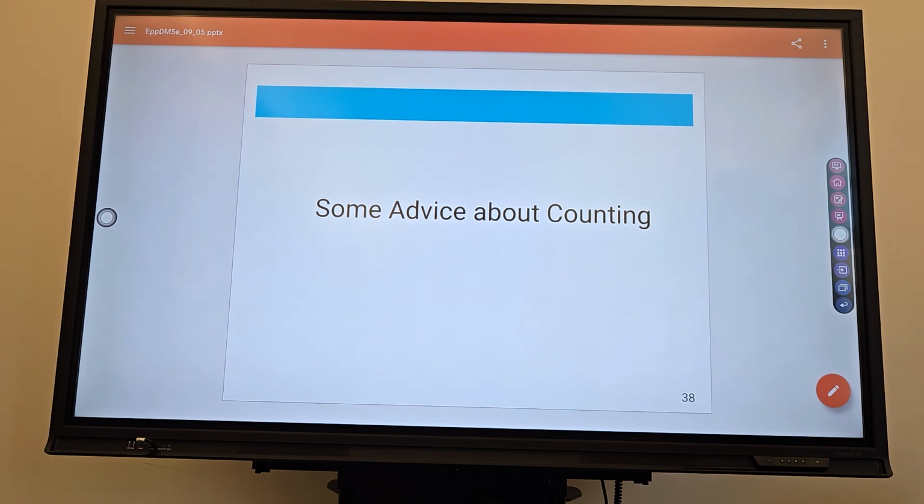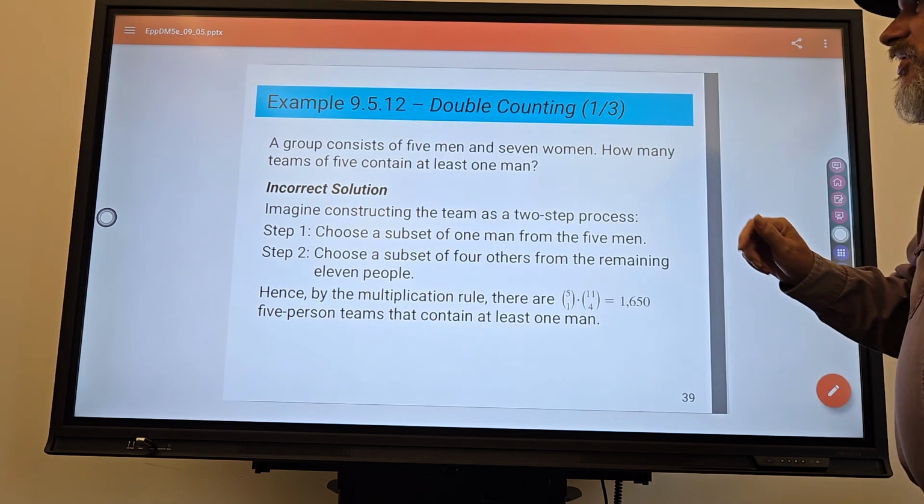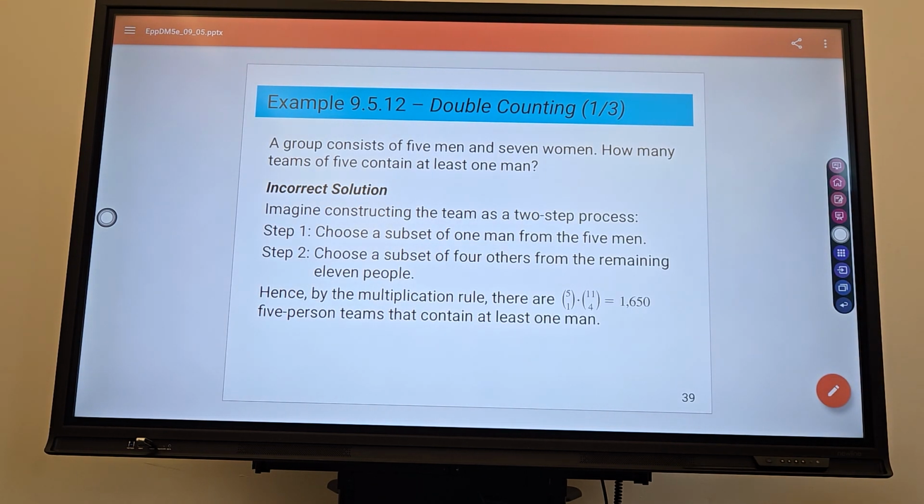Some advice about counting. A group consists of 5 men and 7 women. How many teams of 5 can contain at least 1 man? Imagine this is the incorrect solution, which I don't know why they didn't include the correct solution, but this is the incorrect way of doing it.